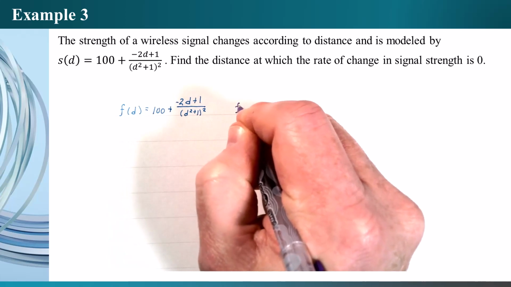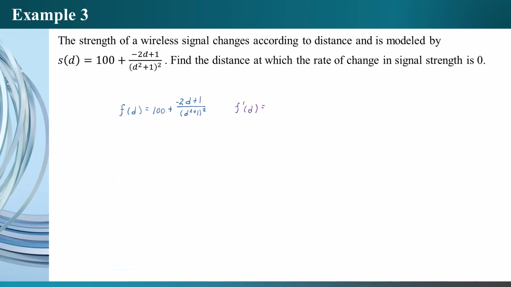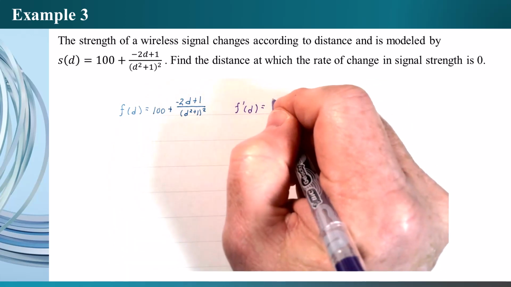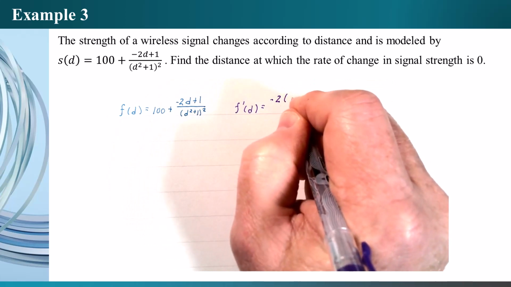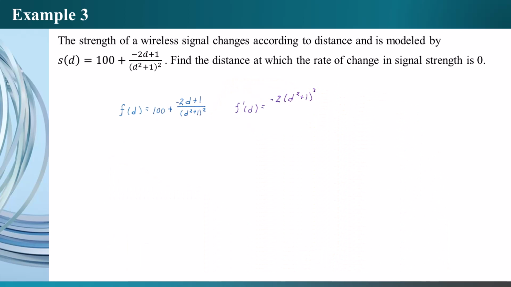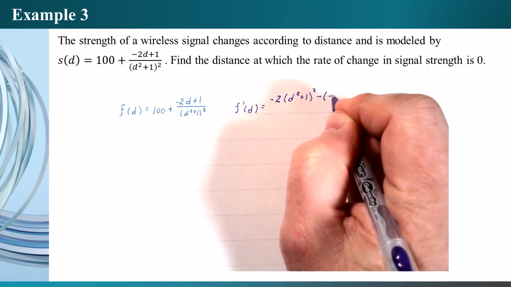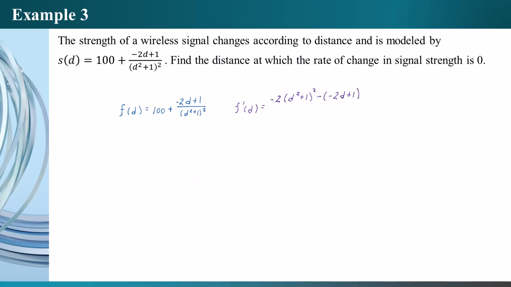So we have S prime of d is equal to, now the first term is just going to give us a derivative of 0, so let's concentrate on the second term. Here we have a quotient, so the derivative of the top will be negative 2, and we multiply that by the denominator, which is (d squared plus 1) squared. We subtract the top, which is negative 2d plus 1, times the derivative of the bottom.